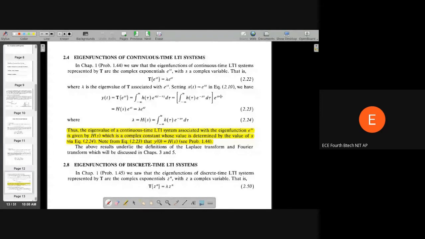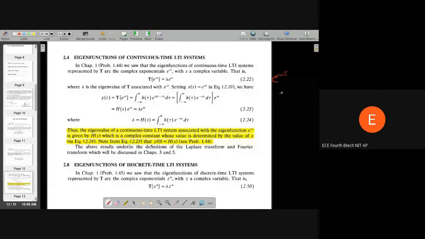And the amplitude becomes the eigenvalue. So here we said sinusoids, e to the power j omega t.